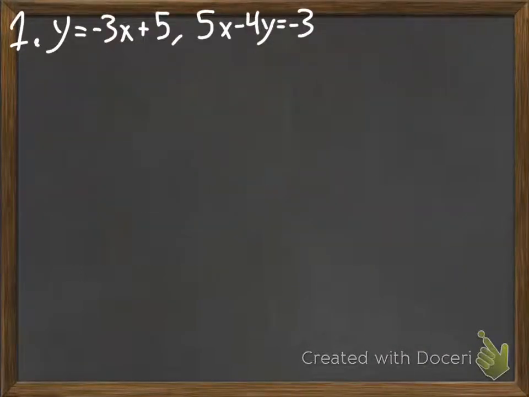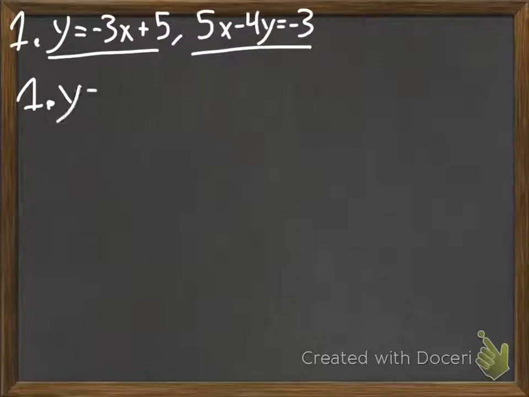So I'm going to go ahead and do another example, and I'm going to talk through this one. So here we have y equals negative 3x plus 5 and 5x minus 4y equals negative 3. Step 1, solve for one of them. Well, we already have that done for us. Step 2, we are going to plug it into the second equation.